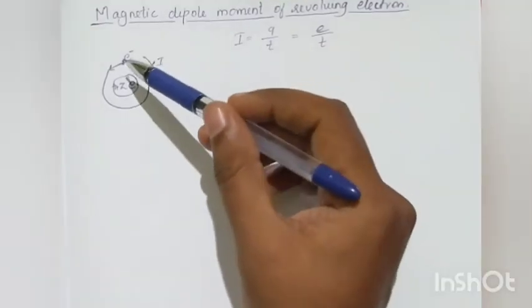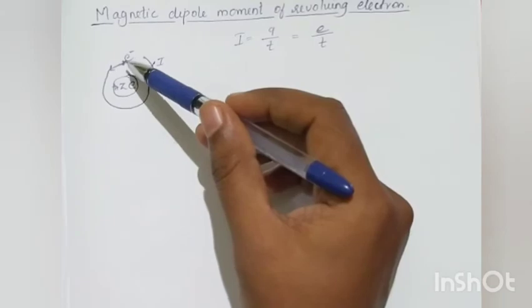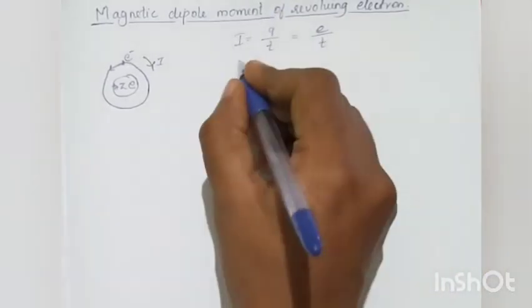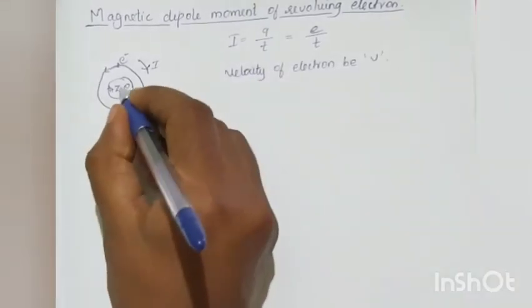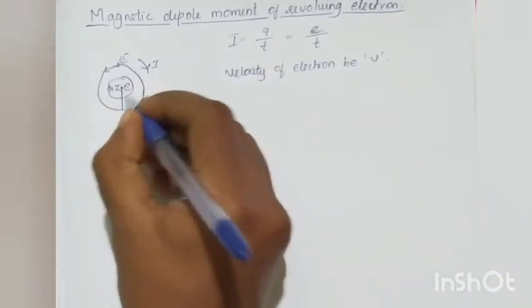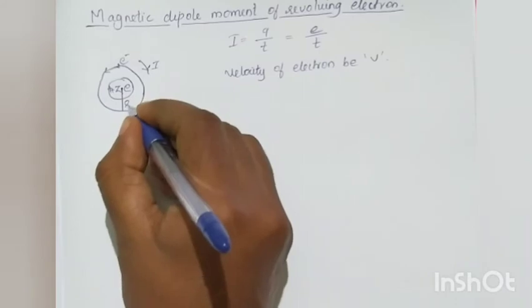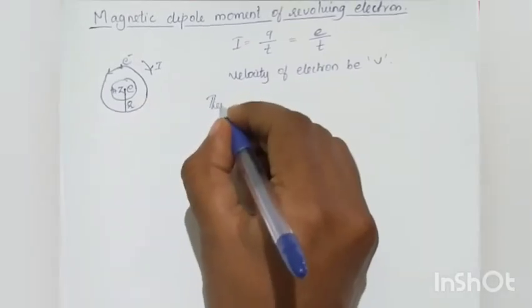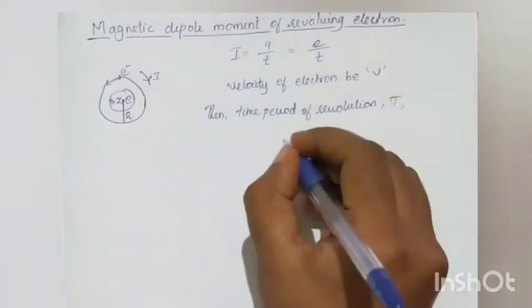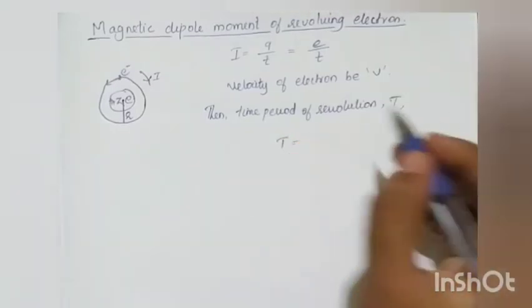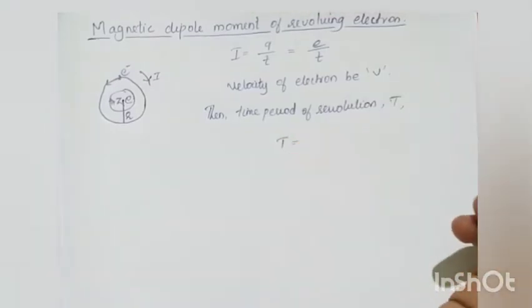Now let us consider the velocity with which the electron is revolving to be v, and the radius of this orbit of our electron to be r. Then the time period of revolution can be written as T; time is distance by velocity.